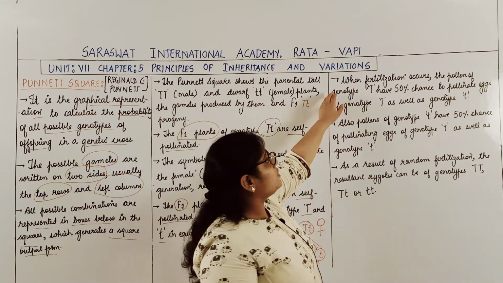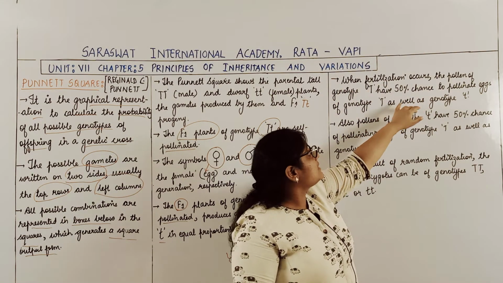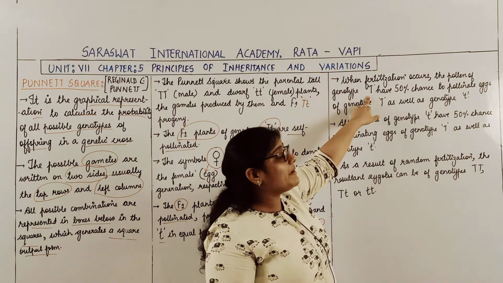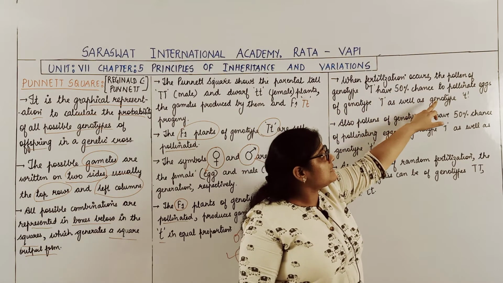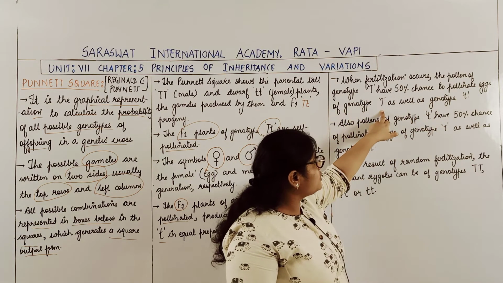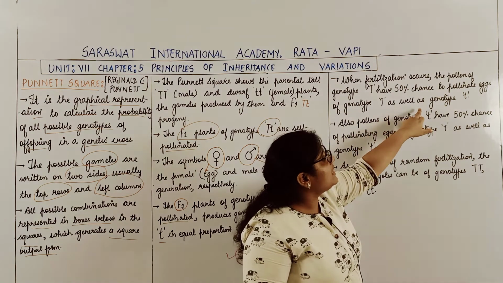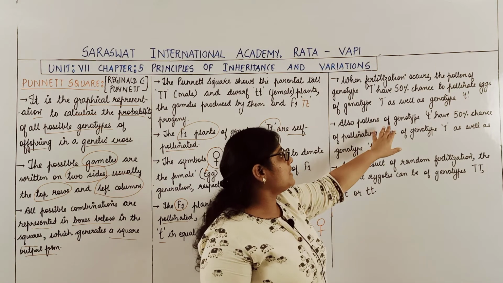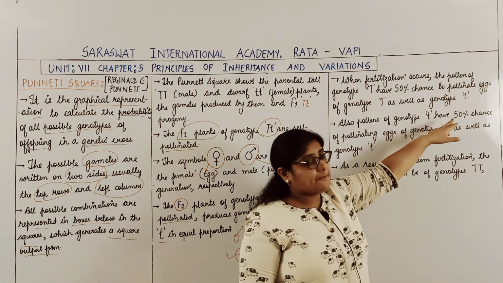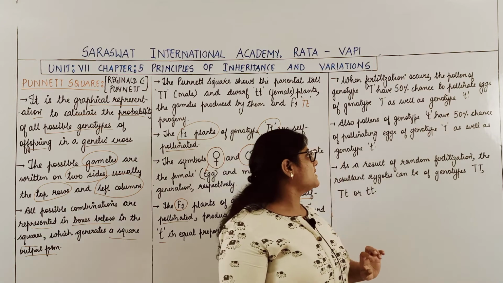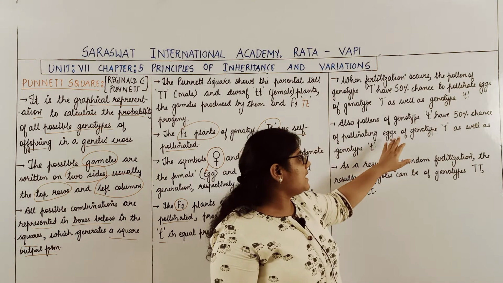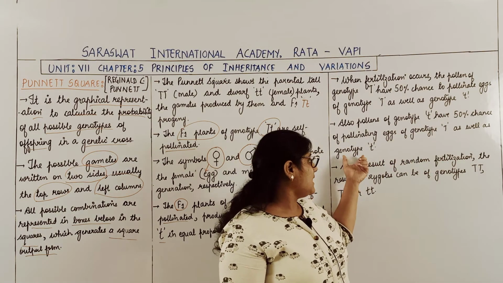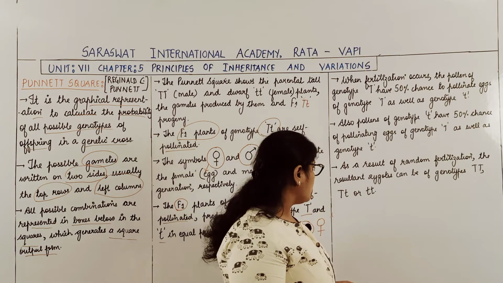So students, when fertilization occurs, the pollens of genotype capital T have a 50% chance to pollinate the eggs of genotype capital T as well as of genotype small t. Similarly, the pollens of genotype small t have a 50% chance of pollinating the eggs of genotype capital T as well as genotype small t.